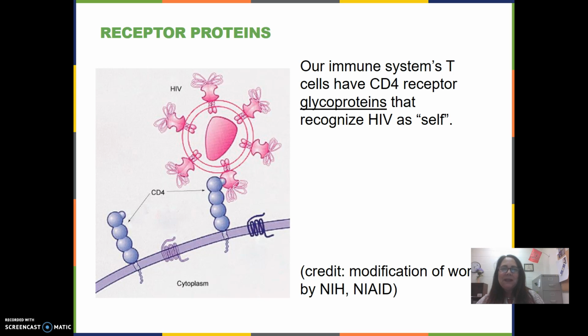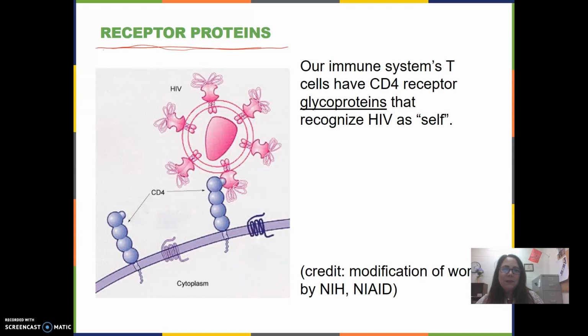All right, so we'll start with the types of proteins that are found within the phospholipid bilayer. One is called a receptor protein. Now here is a different example. I gave you the example of a receptor protein for insulin, but there's a receptor protein for all kinds of different chemicals.